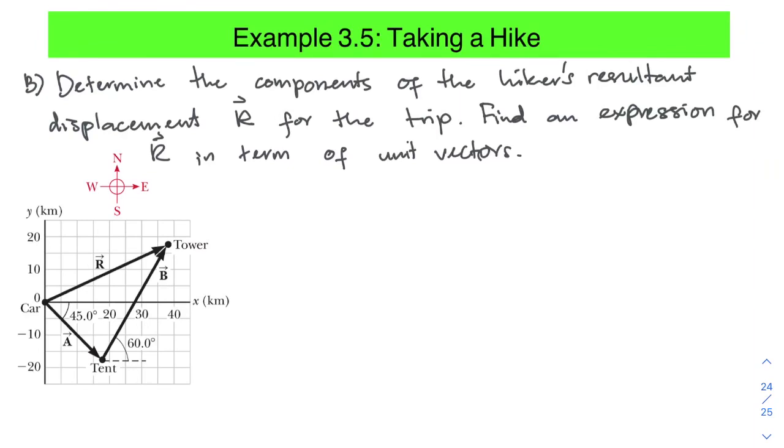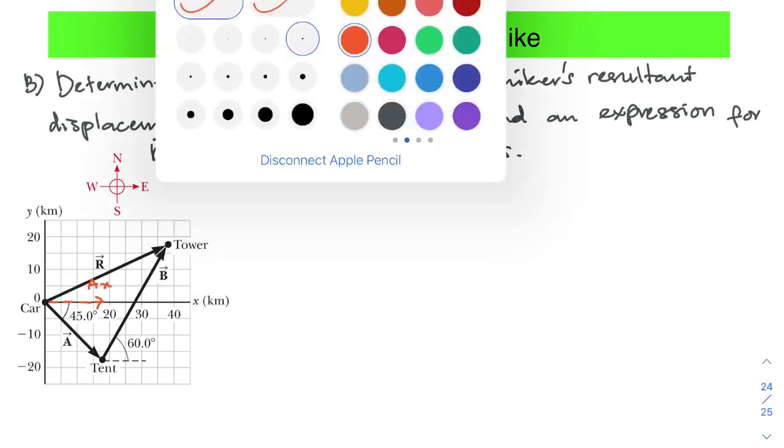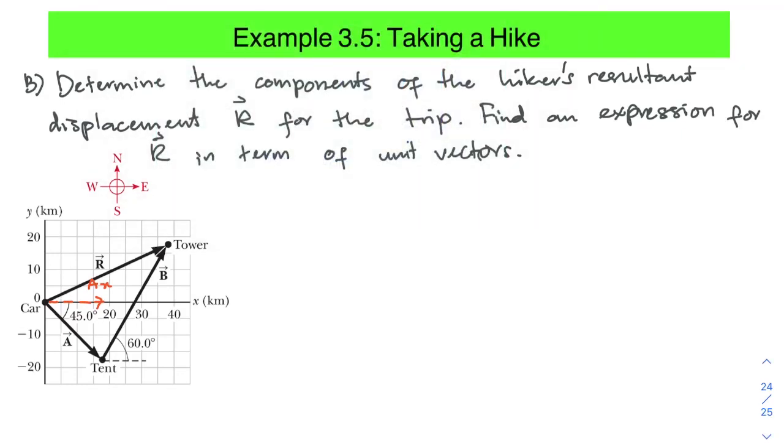Okay, for part B, you need to determine the components of the hiker's resultant displacement R for the trip. Find an expression for R in terms of unit vectors. Okay, you have in terms of X, here is AX and here is your BX. Isn't it?